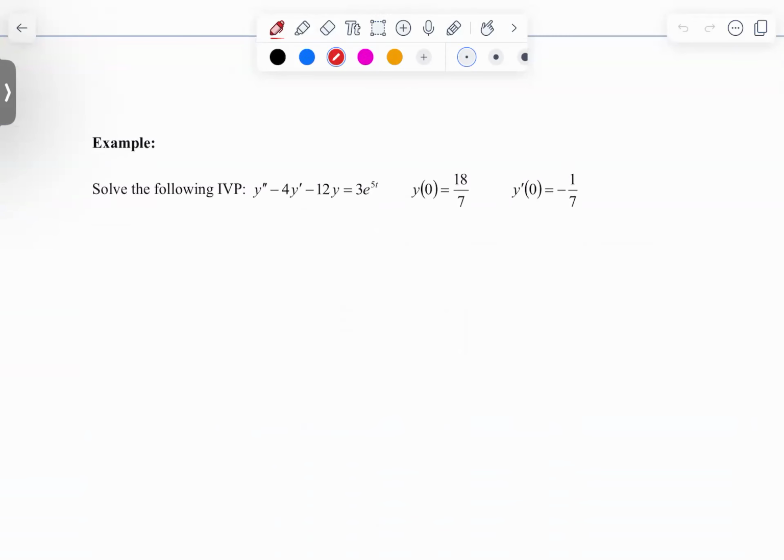So let's look at some examples. We have a second order differential equation, but now it is non-homogeneous. This is now not equal to 0. But we're going to start with the same approach that we did. I need to have the equation.